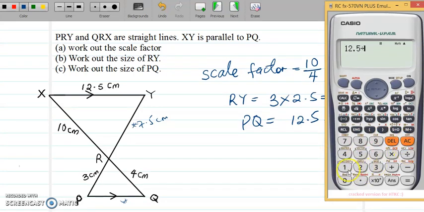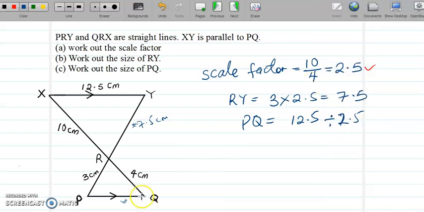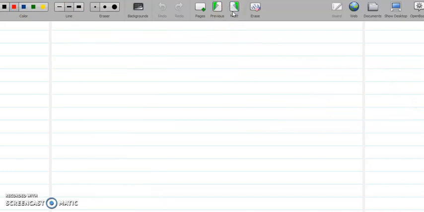That gives us 5. So this side is 5 cm. So that's how we solve the problems of similar shapes.